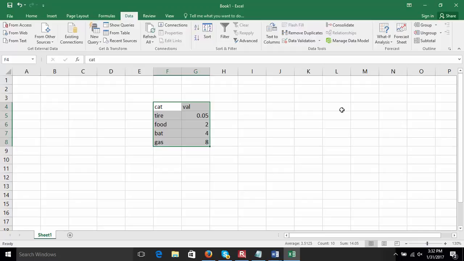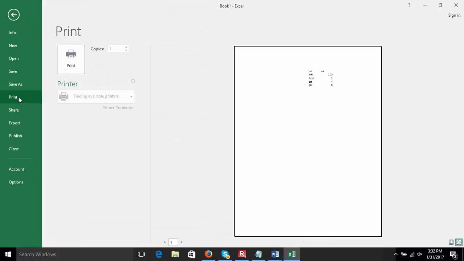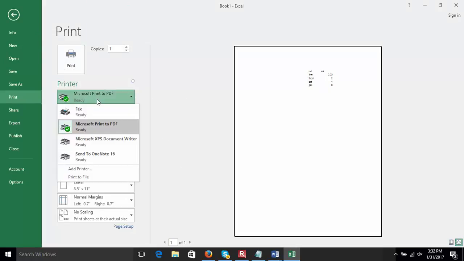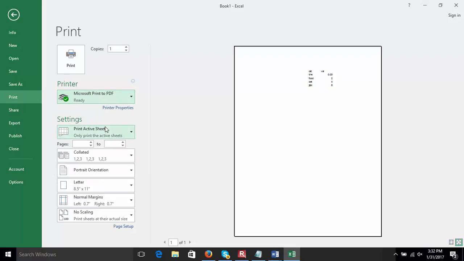Yeah, well, for me, what I would do from here is just say File, Print. This is a new laptop for me, so I'm not seeing my normal printer, but my version of Microsoft Office has a PDF printer built in.